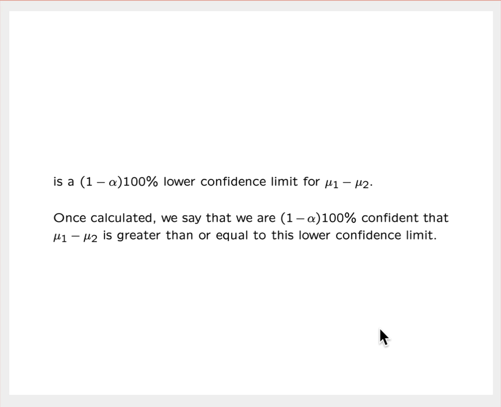Now, once we've gotten a hold of our data, the two samples, and constructed that point, then we say that we are 1 minus alpha times 100% confident that mu1 minus mu2 is greater than or equal to this lower confidence limit.